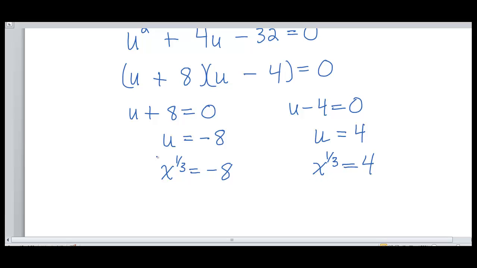And for me to solve for x, remember, this is the same thing as taking the cube root, right? And when we take the cube root of something, in order to get the radicand by itself, we raise it to the 3rd power. So I'm going to raise both sides to the 3rd power. Here, I get x by itself, and negative 8 times negative 8 times negative 8 is negative 512.